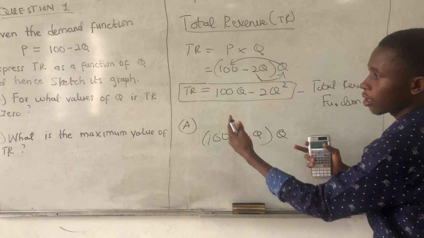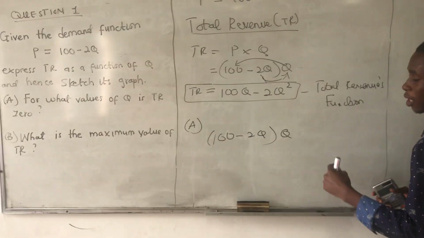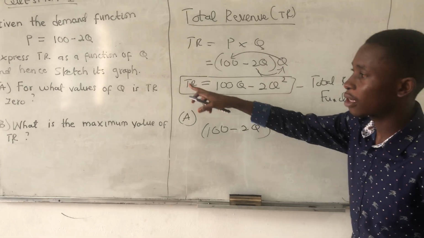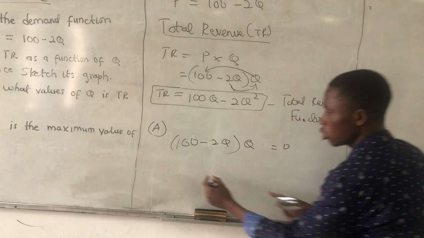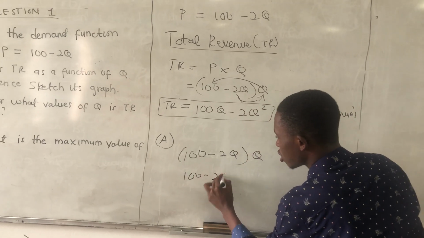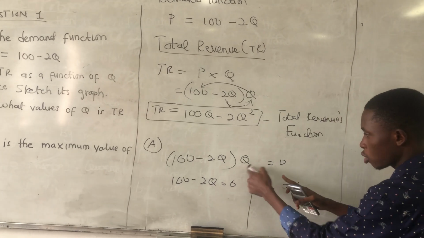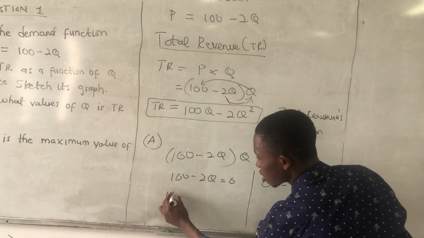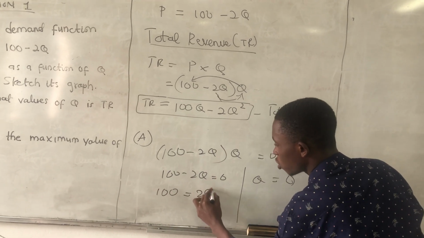So for what values of Q is total revenue 0? We are going to equate the whole of this to 0. So we pick 100 minus 2Q is equal to 0, and this Q is also equal to 0. With this, we can do something about it. We have 100, and negative 2Q becomes positive 2Q.